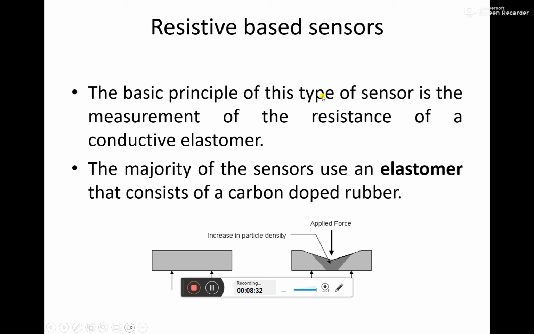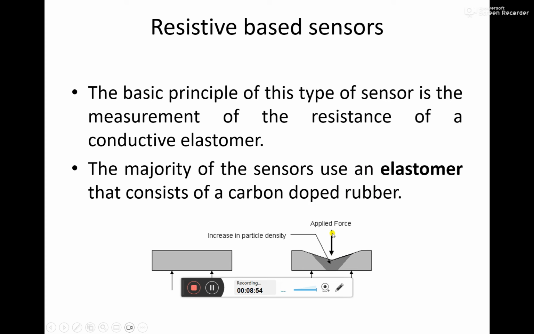Most of the sensors use elastomers as the material, consisting of carbon doped rubber. This is the most commonly used resistive material nowadays.